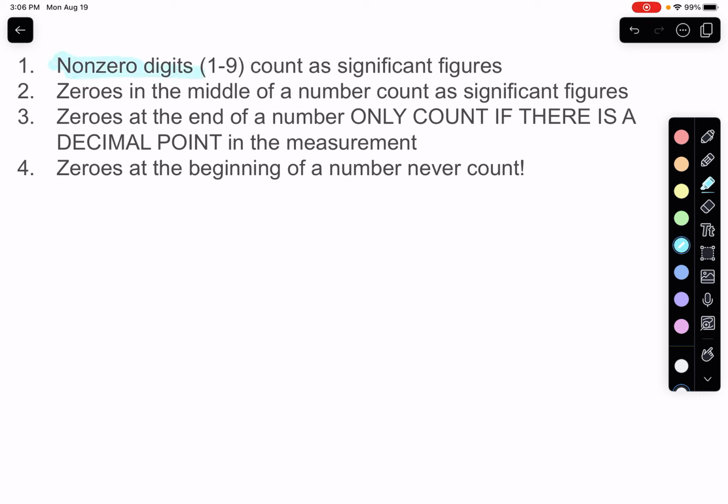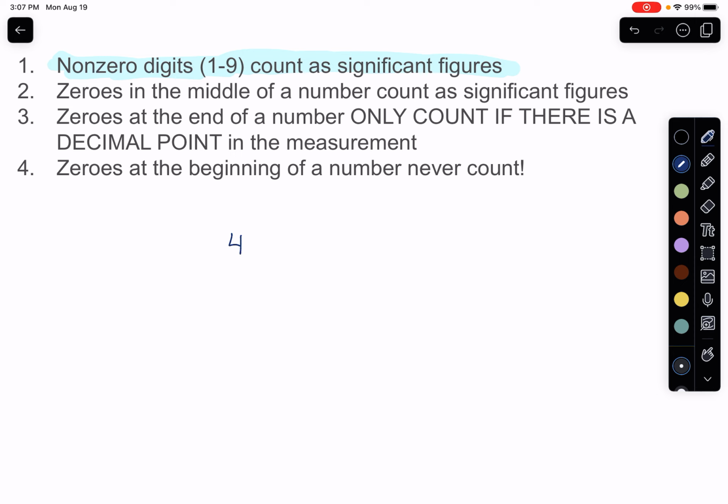The first rule has to do with non-zero digits, and it states that non-zero digits, numbers 1 through 9, count as significant figures. Anytime you have a number in your measurement that is not a 0, you count it.